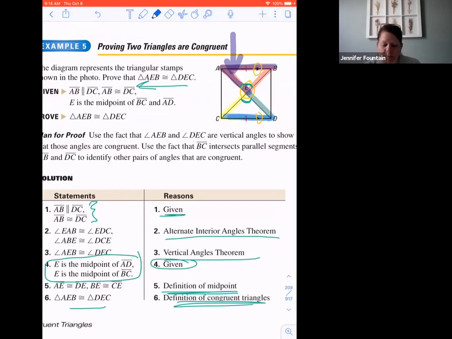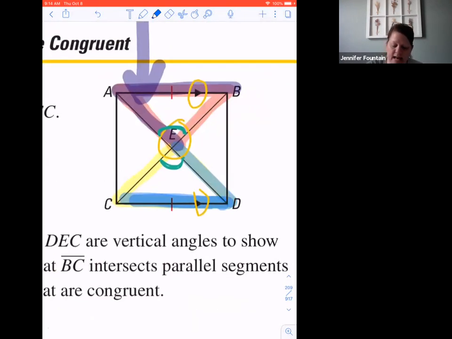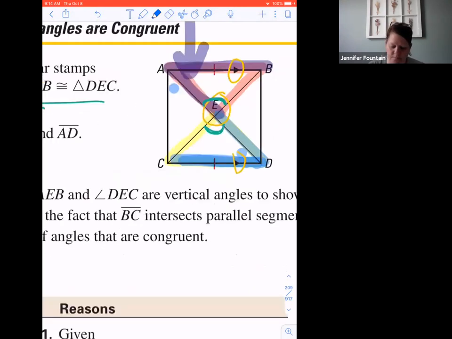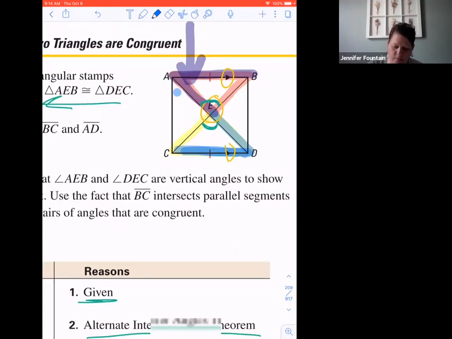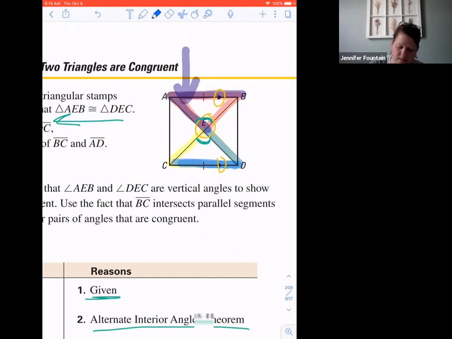Okay, so remember that when we talked about our lines, I can see that this angle here and this angle here are alternate interiors.